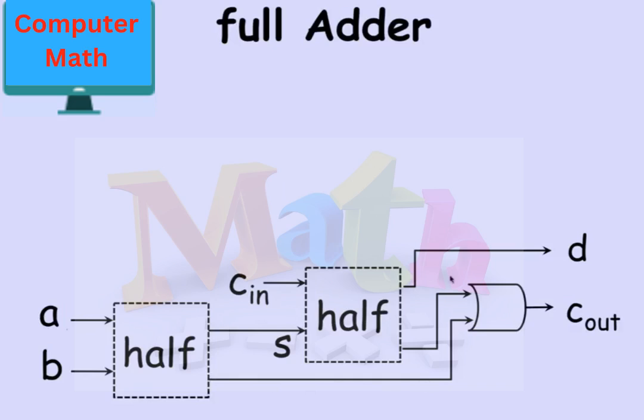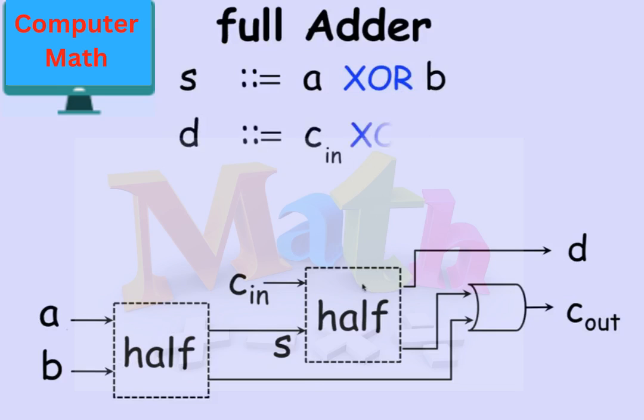Okay, how do I express this set of connections as formulas? Well, first of all, S is the output of this first half adder, which is A XOR B. The output D I get by taking S, and it's the first output of the second half adder, which means it's C in XOR S. That's easy. And what about C out?